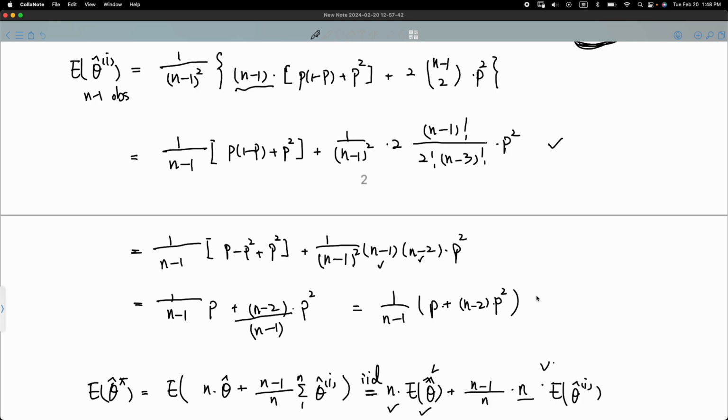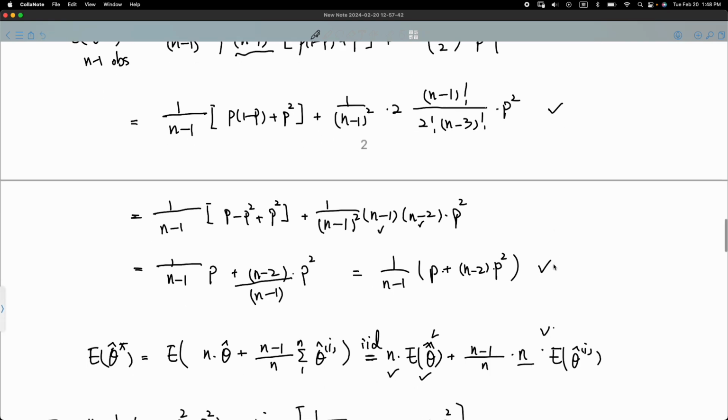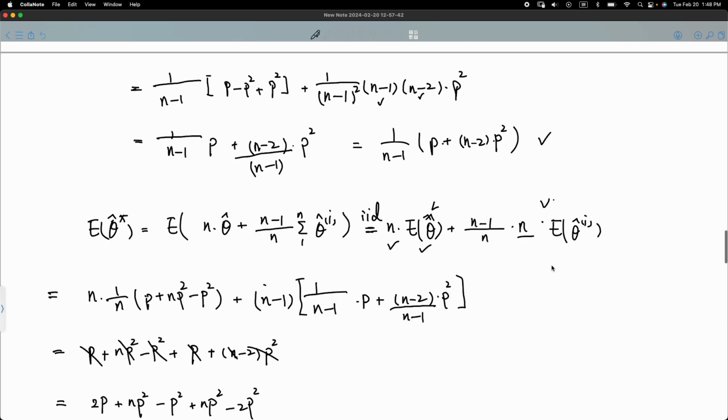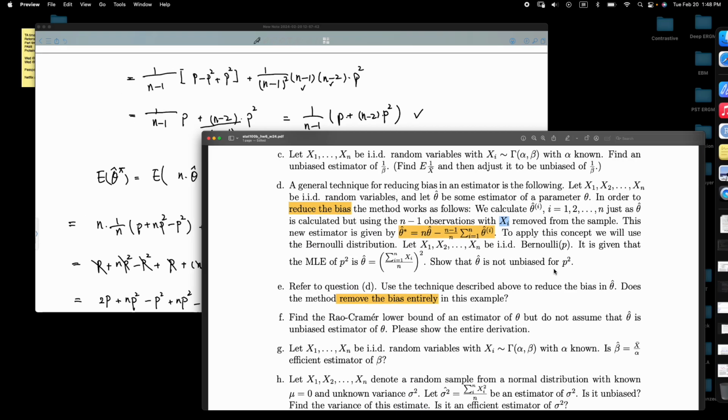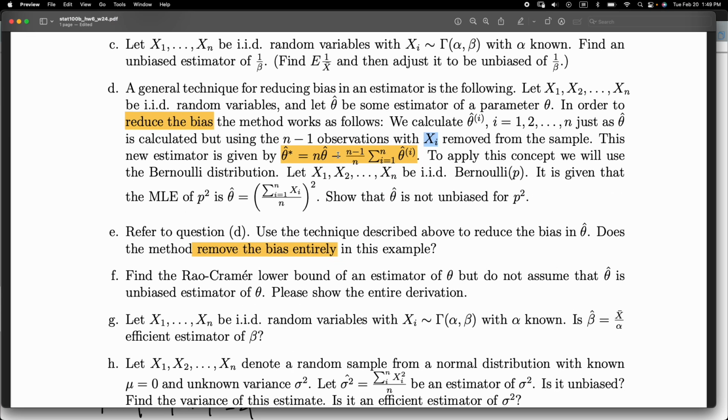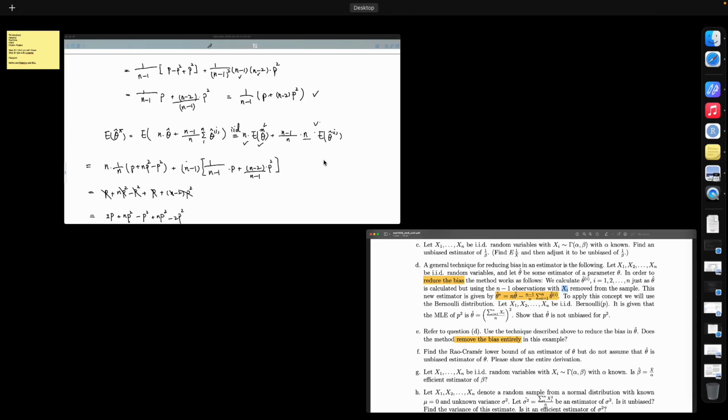That's that. So this should be okay. Oh, okay, so let me double check. Maybe I copied down the wrong formula. N theta hat n minus 1.